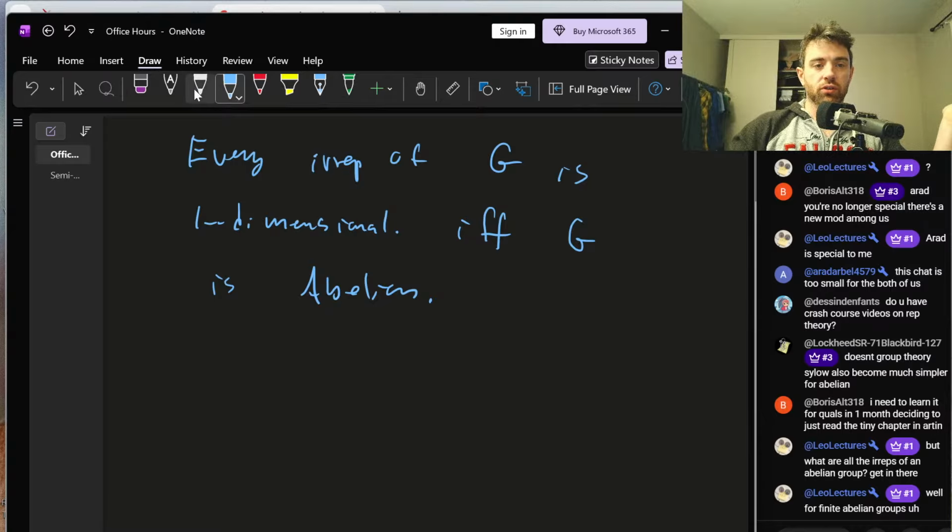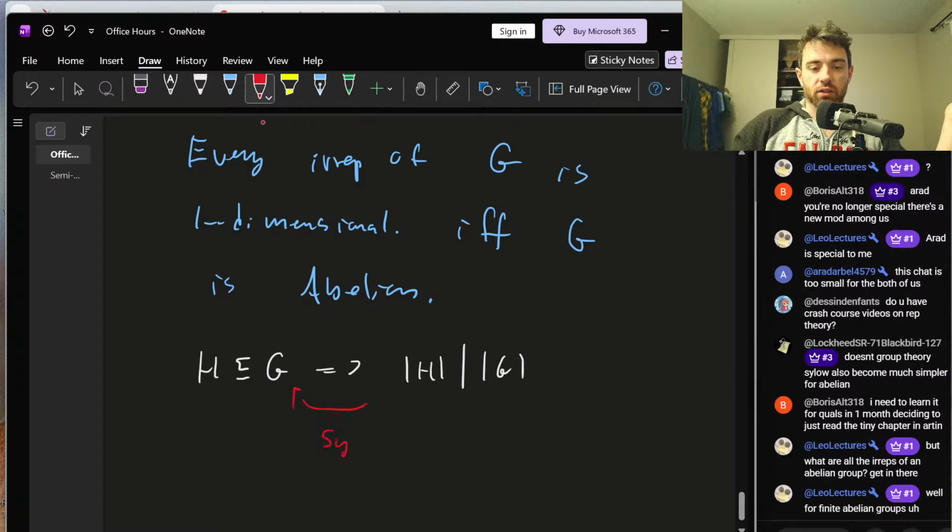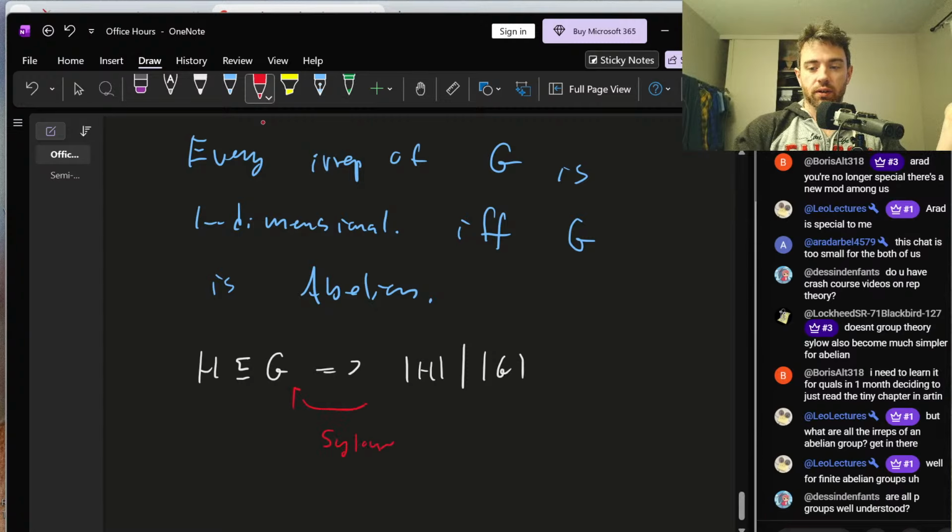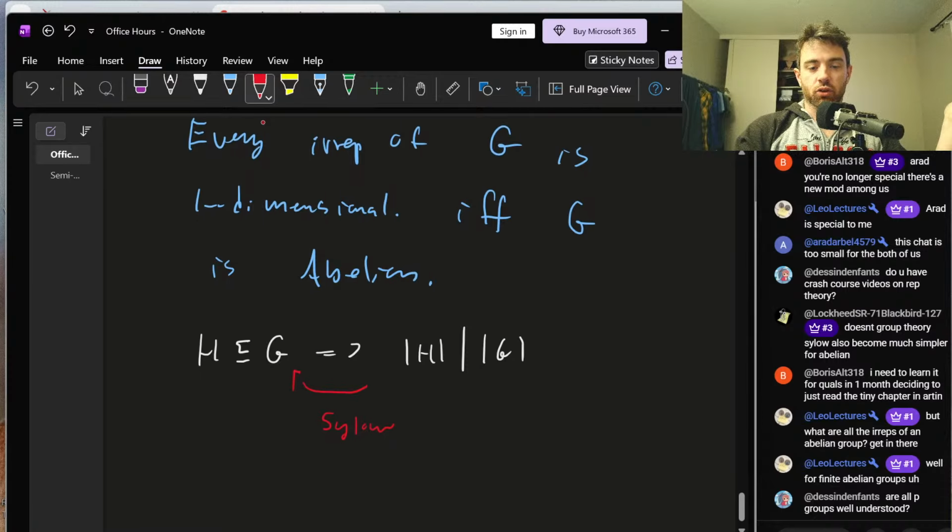So the whole thing is like Lagrange says if H is a subgroup, then the order of H has to divide the order of the group. And then the Sylow theorems are all about trying to create converses to that, and they can fail to quite an extent.